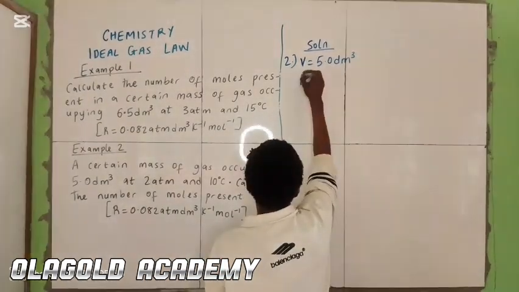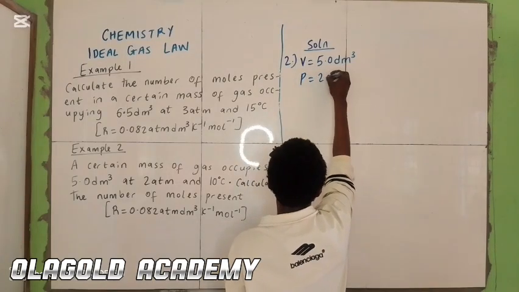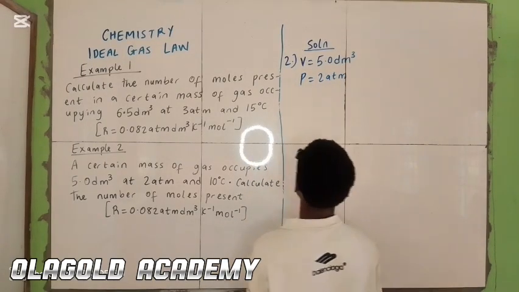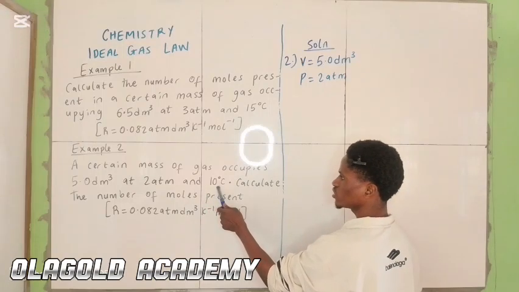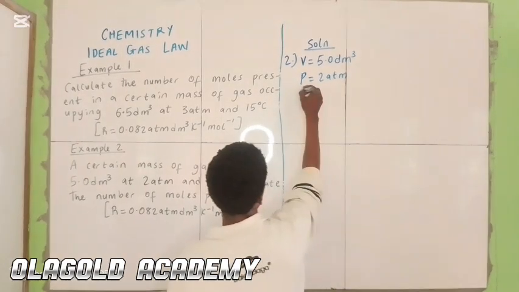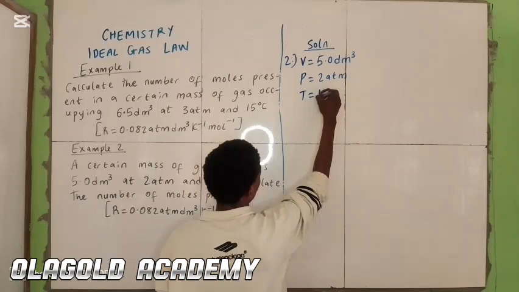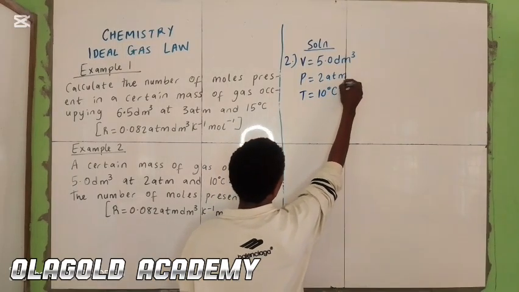So we have our pressure to be 2 atmosphere, and 10 degrees Celsius. So our temperature is 10 degrees Celsius.